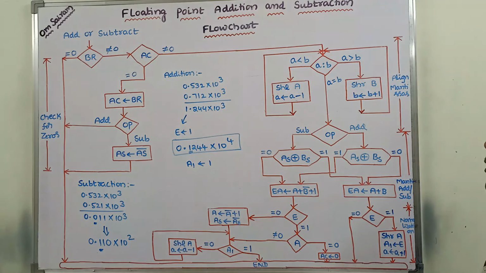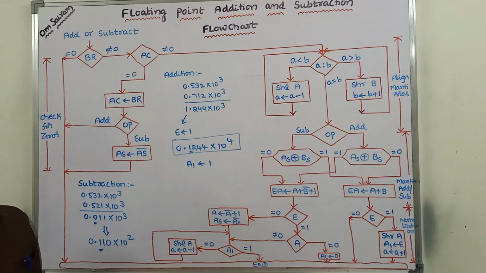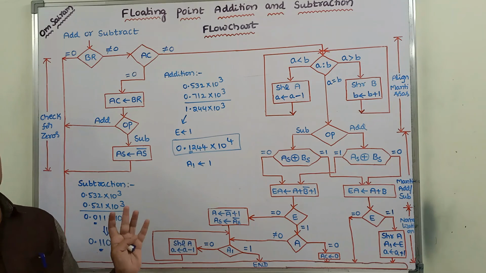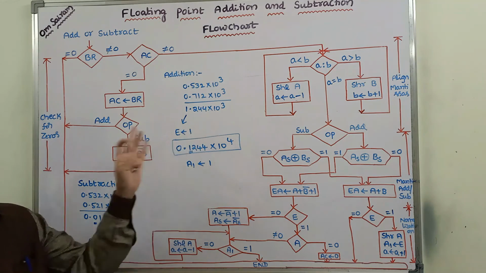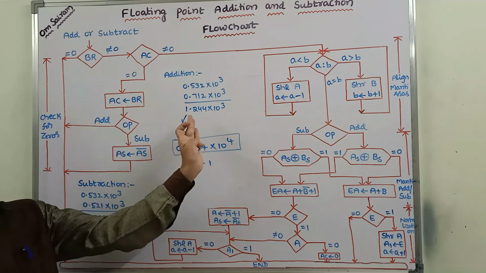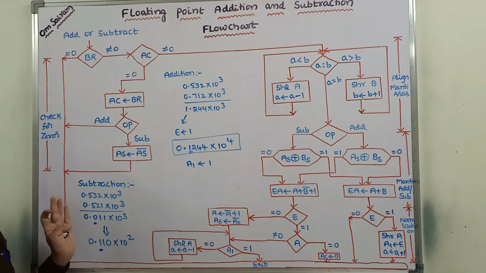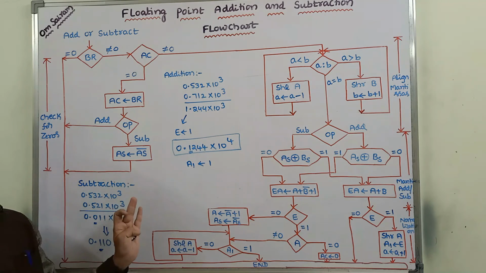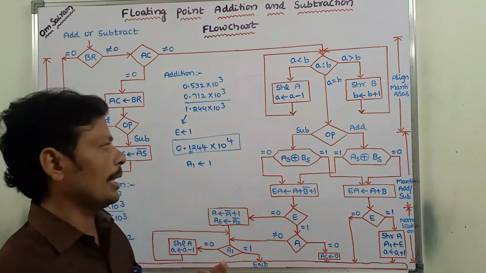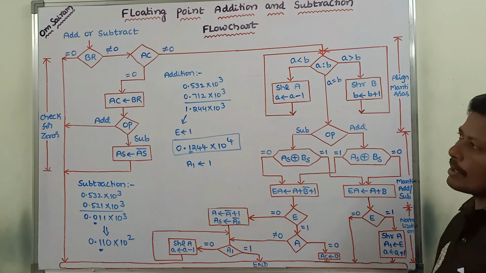So in the normalization process, in which case is overflow occurred, and in which case is underflow occurred? If overflow occurs, what steps do we follow? If underflow occurs, what steps do we follow? This is discussed in the normalization step.